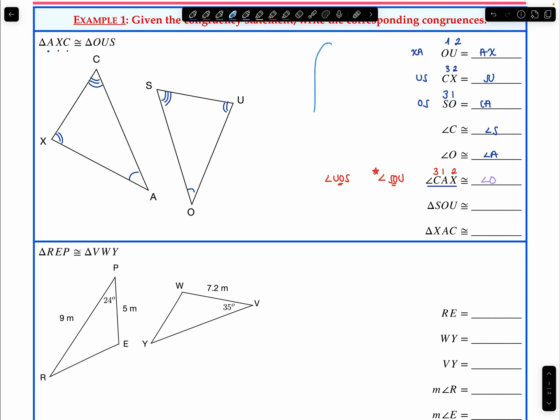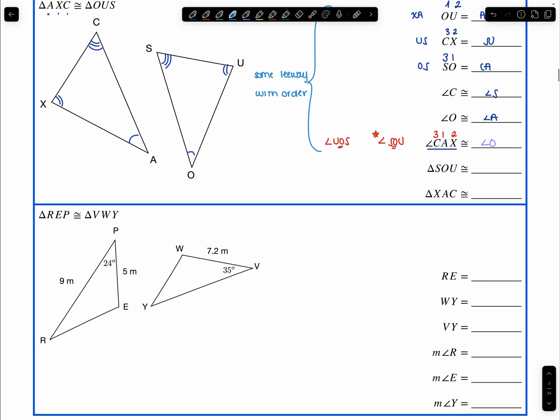So I only point this out, that there is some leeway with the order for angles and segments. Order doesn't really matter if you go in reverse.